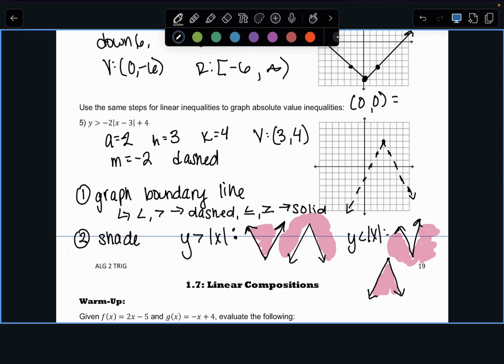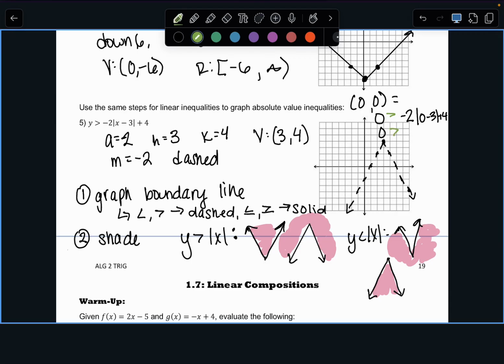So we plug it in. If I plug this in, I am asking, is 0, that's y, greater than -2 times the absolute value of 0 minus 3, plus 4. I'm kind of out of room here, but then we check it.